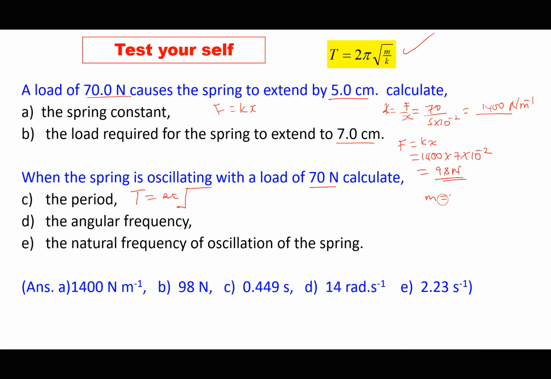The mass is going to be the weight or the load divided by g. So this is going to be 70 divided by 9.81, all divided by K, which is 1,400.